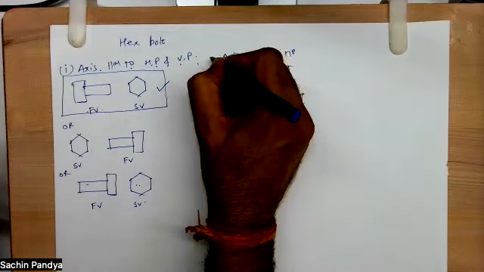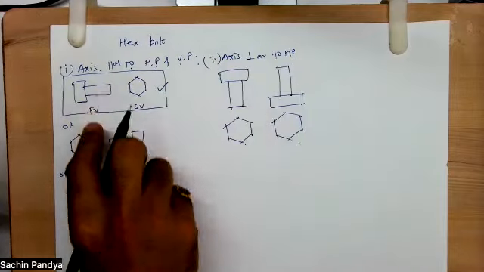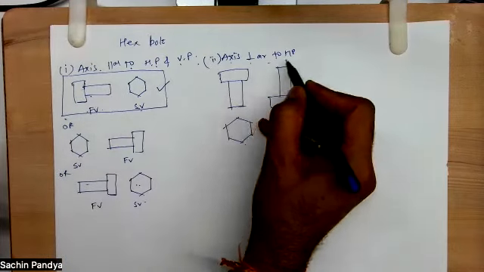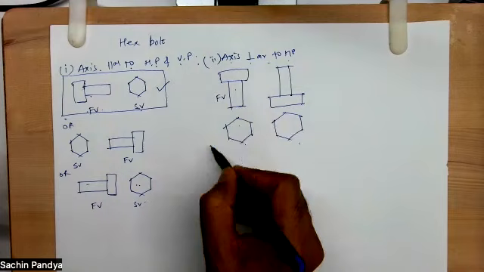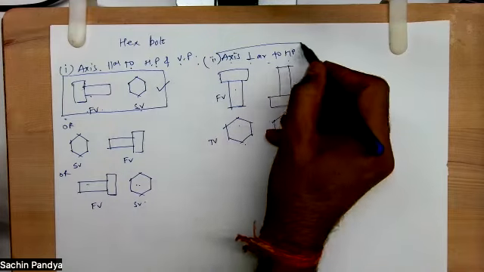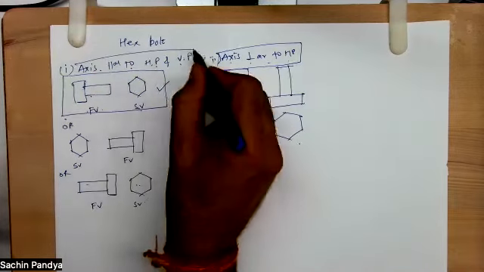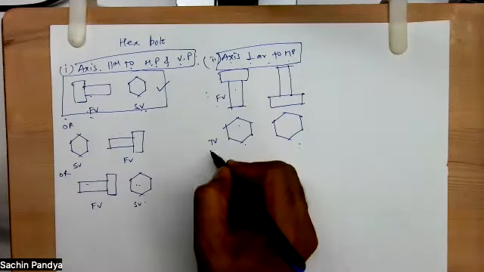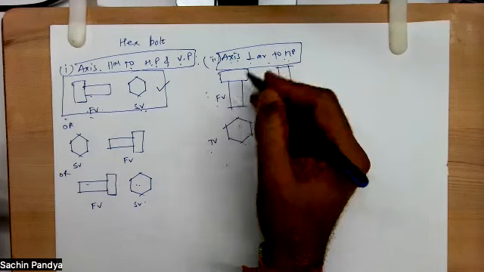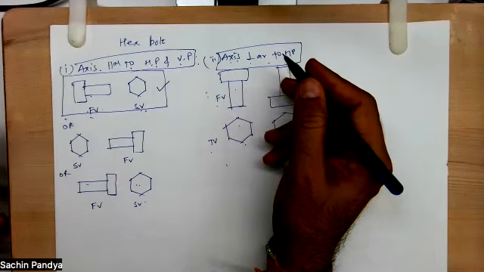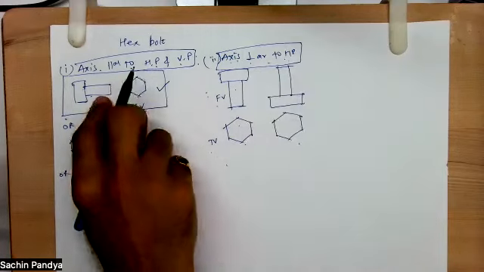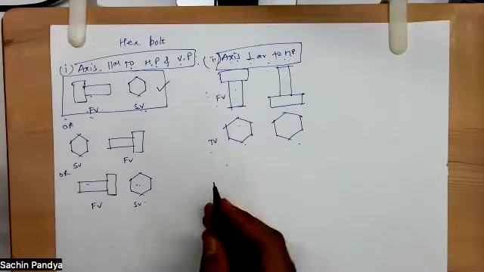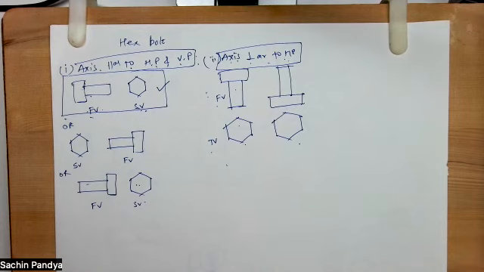When they say axis parallel to HP and VP, it will be this way: front view, side view. When they say axis perpendicular to HP, it will be front view, top view. This you should remember. So there are two conditions. We will draw a hexagonal bolt like this and a square bolt like this. Got it? So first we'll draw the hexagonal bolt.